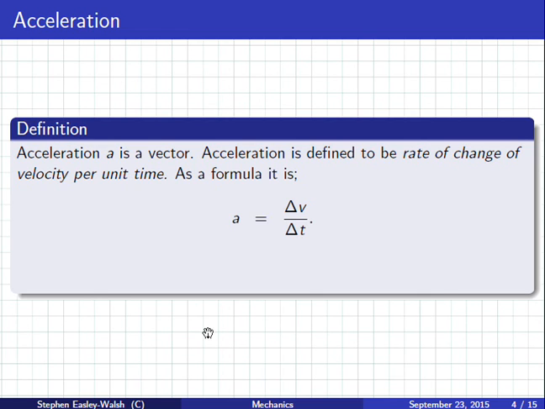Okay? So as a formula, that means a is the change in the velocity divided by the time.